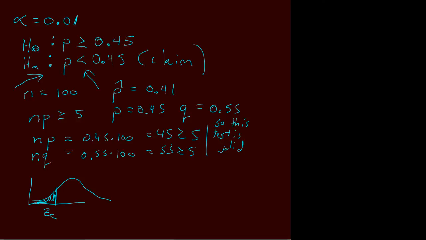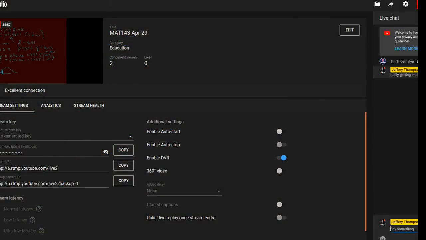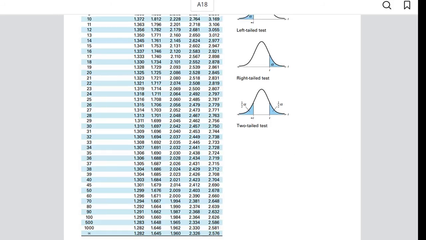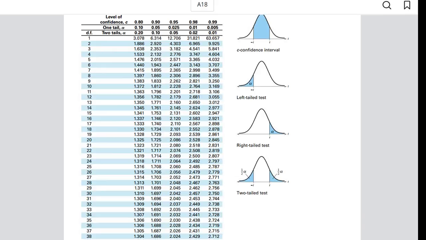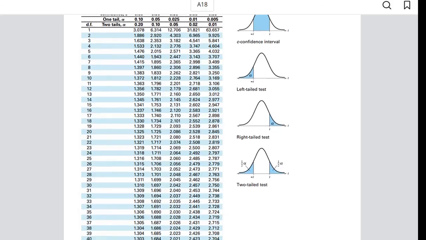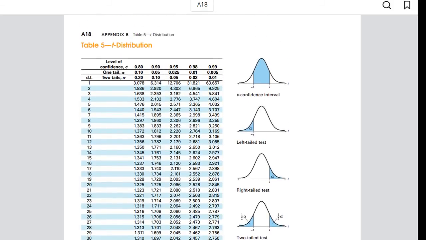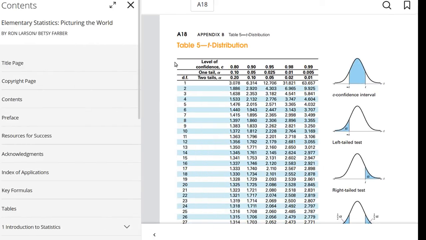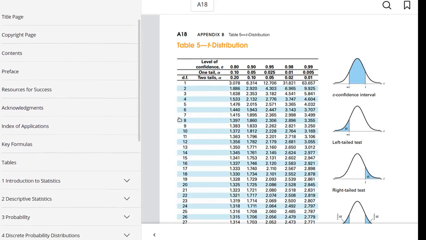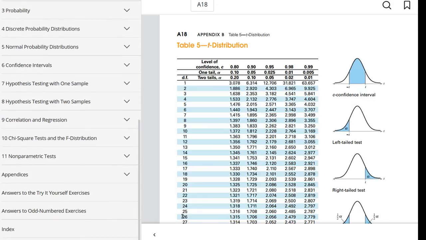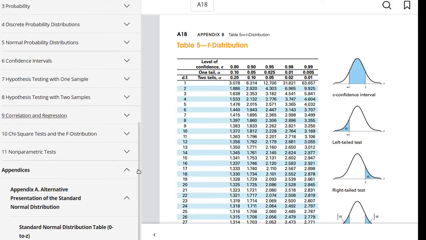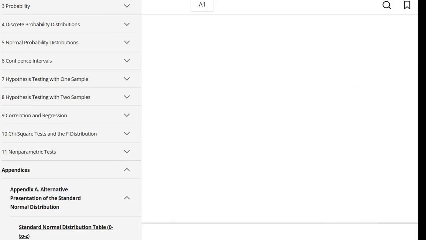We get to go over to the browser, come over to the text, come up here. So 0.01 on a one-tailed test. Whoops, I'm on the wrong distribution. I need to go back a page. This was a T table. Need to go to a Z table. Tables, appendices, tables, standard normal table. All right, there we go.